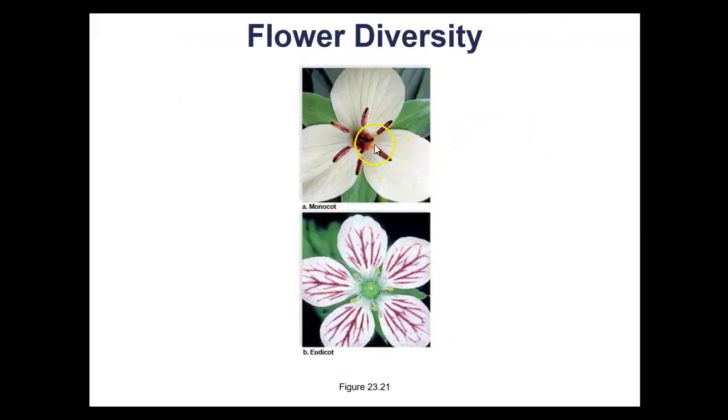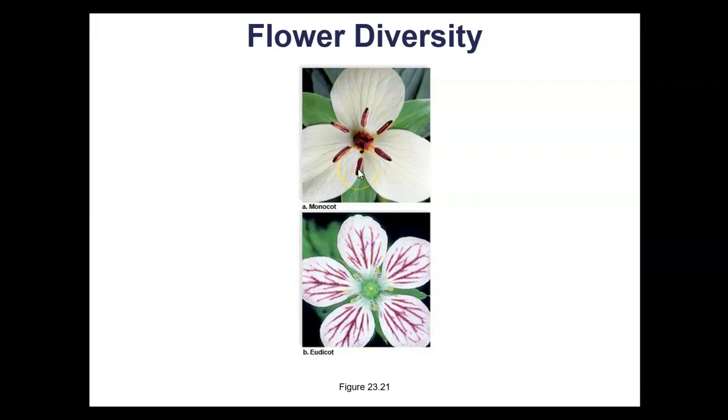You can see a monocot flower up here in A. It's got 3 petals and 3 sepals, whereas this dicot has 5 petals that I can see clearly, and it looks like maybe 5 male structures here, here, and here.